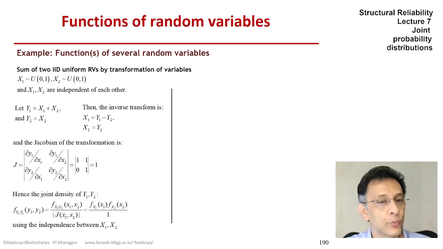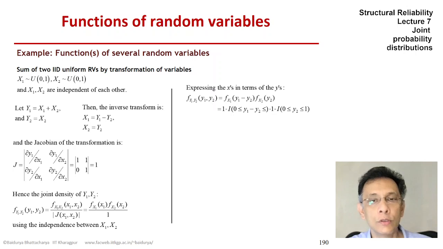Once we do that, we should express the x1 and the x2 in terms of y1 and y2. So that gives us the joint density of y1 and y2 in terms of the product of two indicator functions, one involving y1 minus y2 and the other involving just y2.